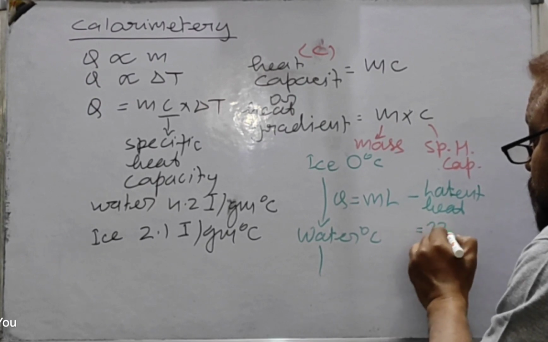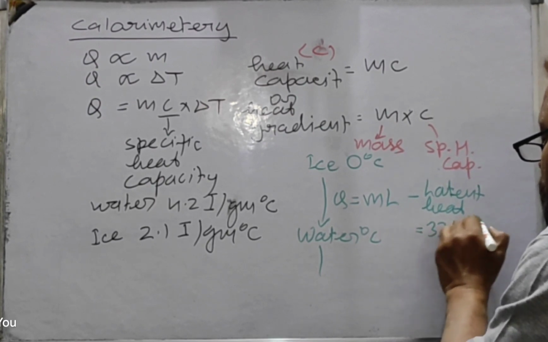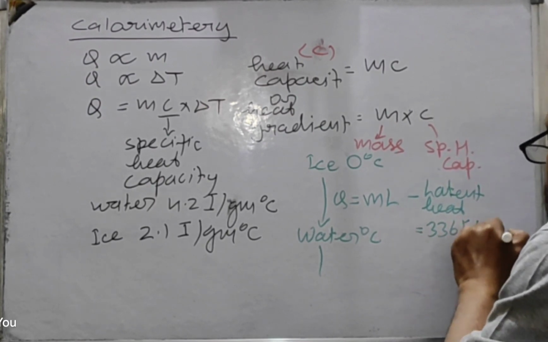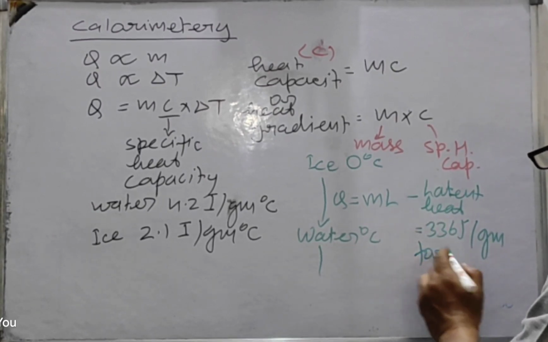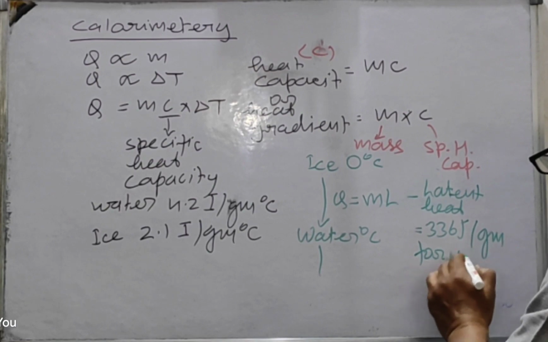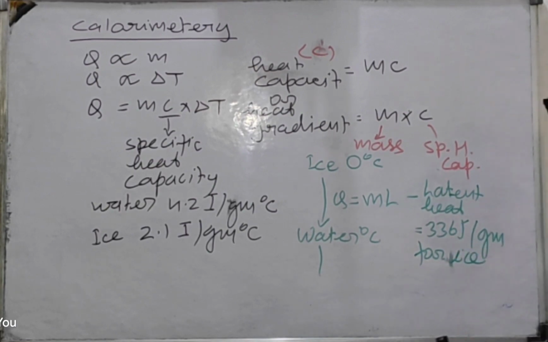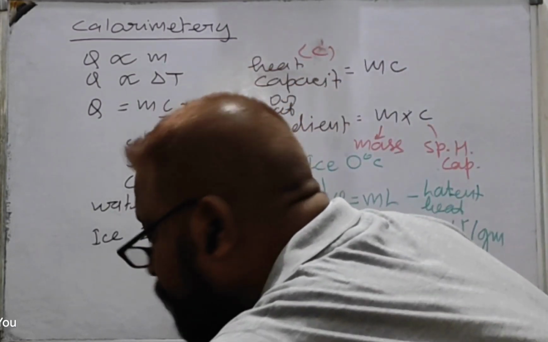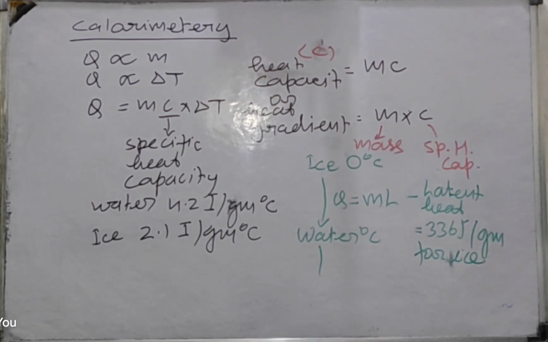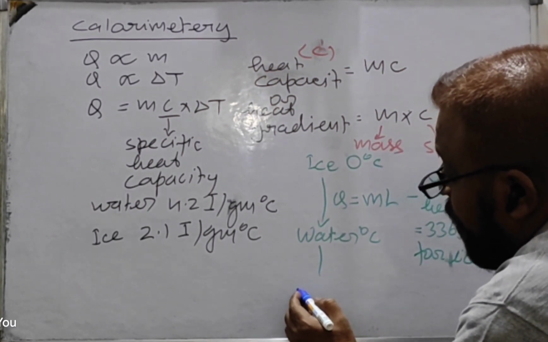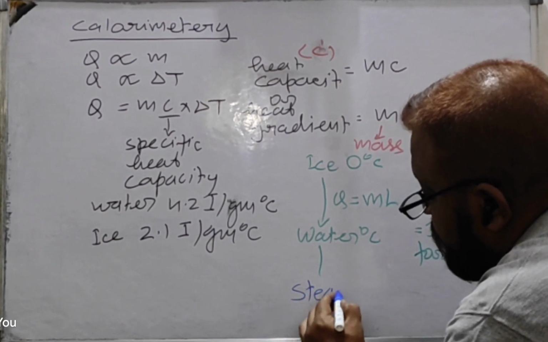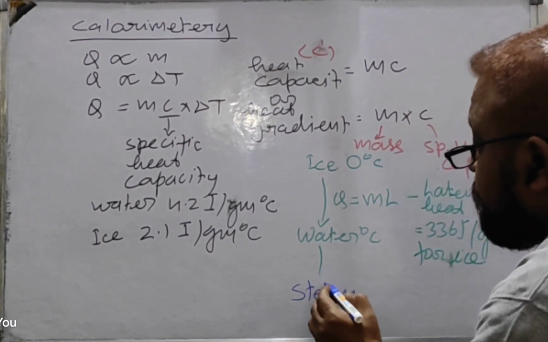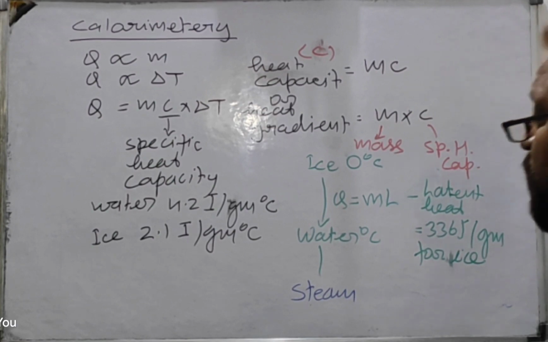The latent heat of fusion of ice is 336 joule per gram. When there is a change in state, there is a latent heat.